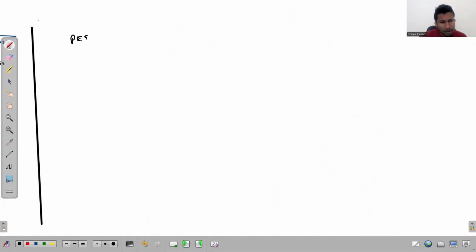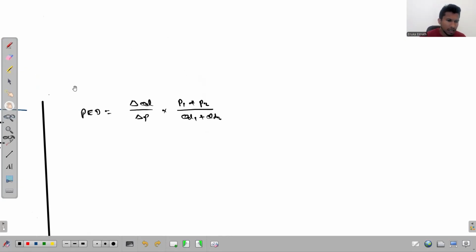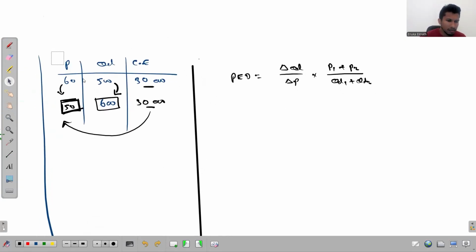We write PED equals delta QD over delta P multiplied by P1 plus P2 over QD1 plus QD2. Right, and I need this table as well.